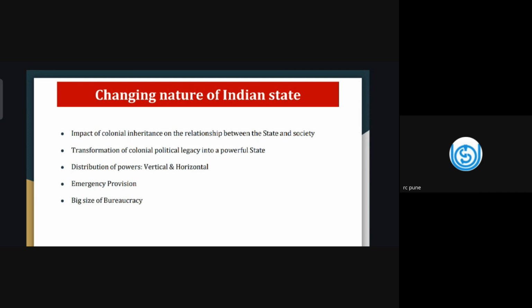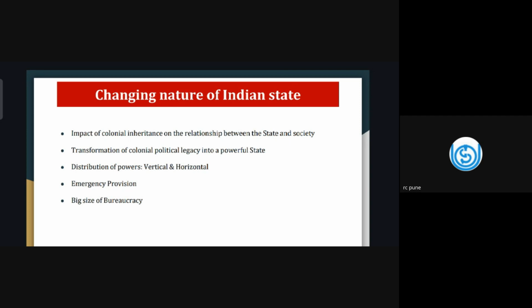There are three articles which are mentioned in the constitution which deals with the emergency provision, which is Article 352, which deals with national emergency.